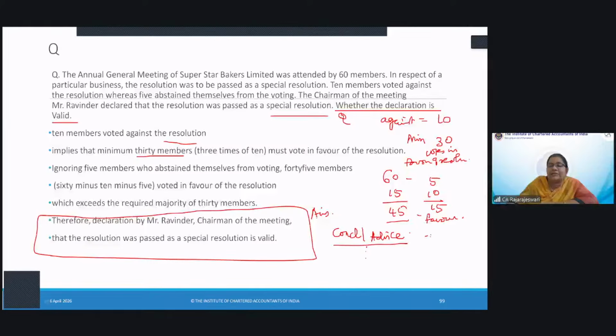Only for that will a breakup of marks be given. So this is important. You have to read the question correctly. This holds good for any subject. What is the question? What are you writing? You have to ensure whether you have given the answers as required by the question. You have to go through it once.